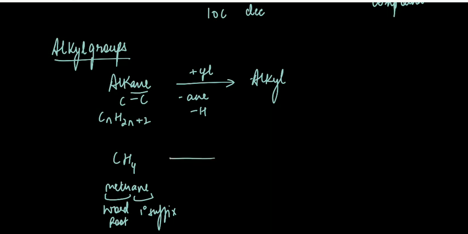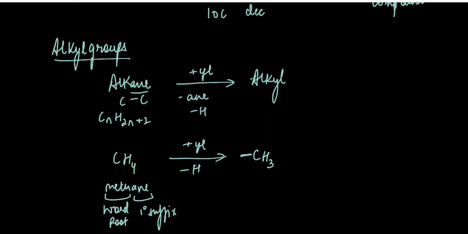Now over here, we have to remove one hydrogen, and then add the suffix -yl. So this is CH3, and I'm showing a continuous bond over here. This indicates that this alkyl group is never going to exist on its own. It's always a part of the main parent chain.